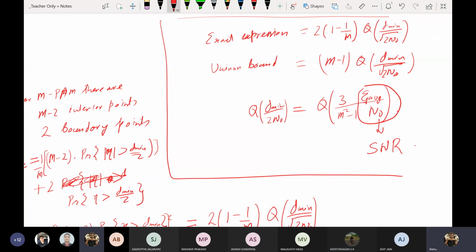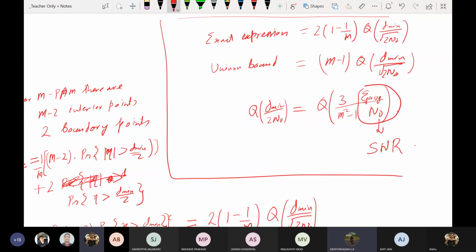because the union bound contains this d min. The final expression of the union bound is based on the minimum distance. So the key idea behind the union bound is that the error performance of a constellation depends upon the minimum distance between two symbols in it. And the distance itself, we have seen, depends on the energy that we put in that constellation.